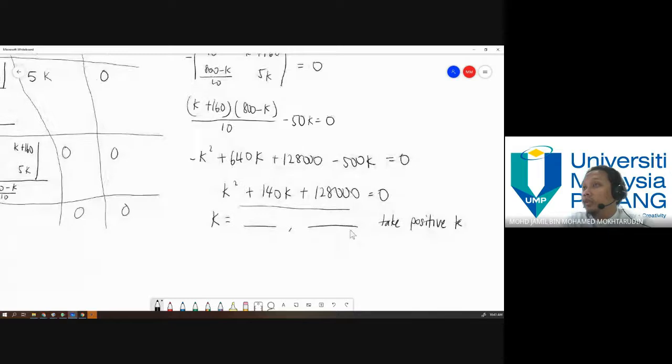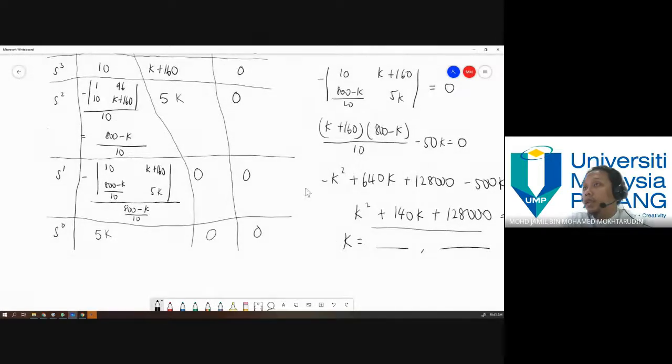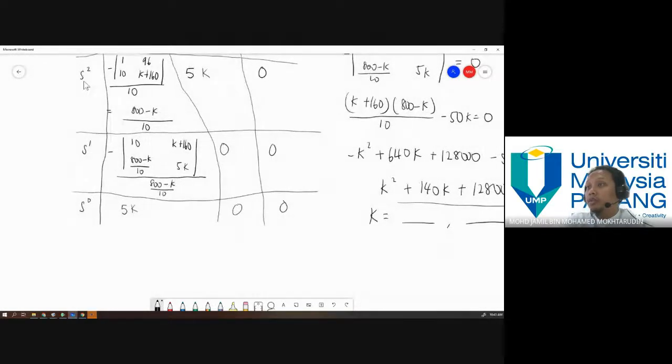Okay, so after you get the positive K, as usual, use it in row S2 and use the K value to get the j omega. Okay, or the value of s. Okay, so the value of s, you will get a square root of something, okay, and with j.